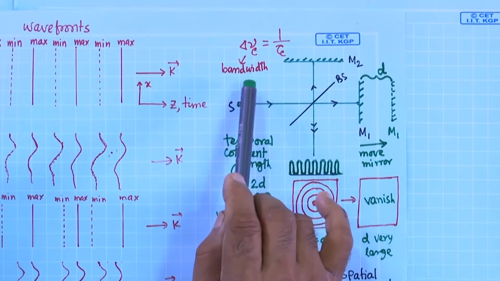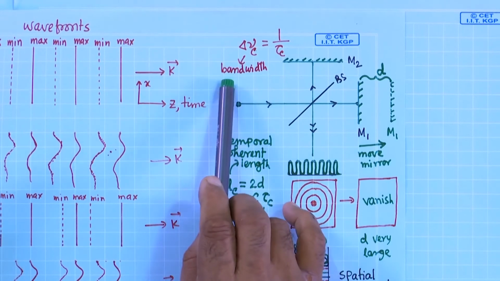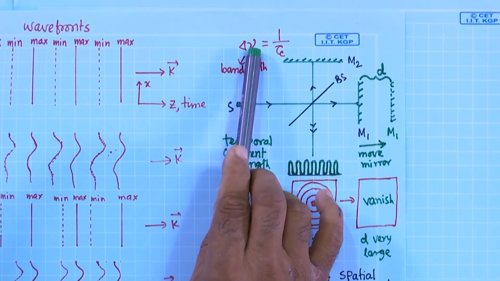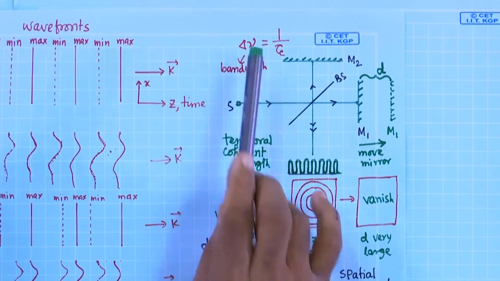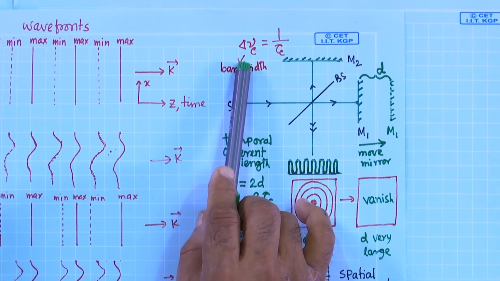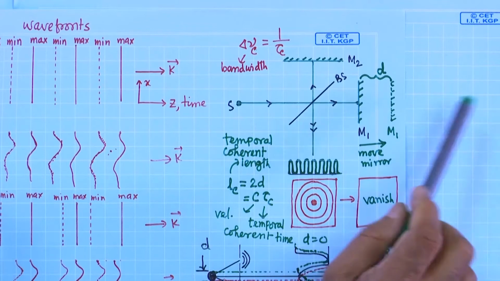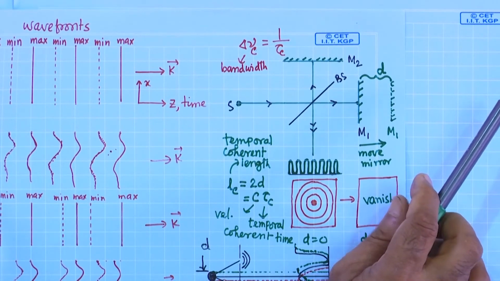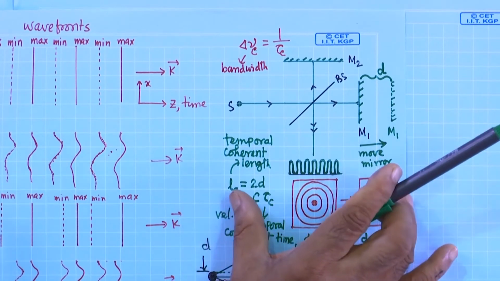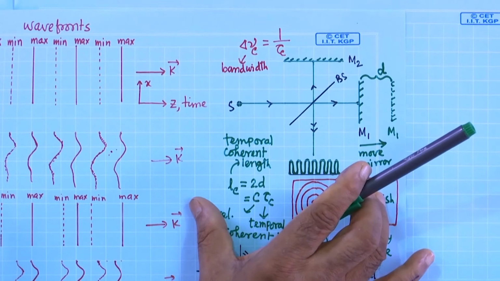Actually, if the source is not strictly monochromatic, if it has a bandwidth, delta nu, then we do not get a long wave; we basically get a wave in packet form. It is like a pulse form.